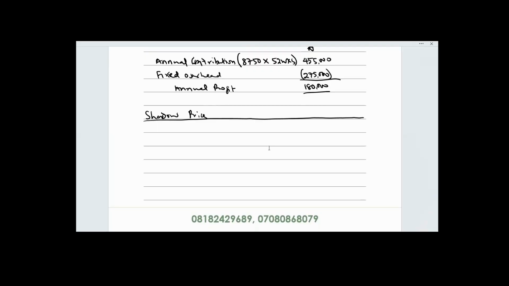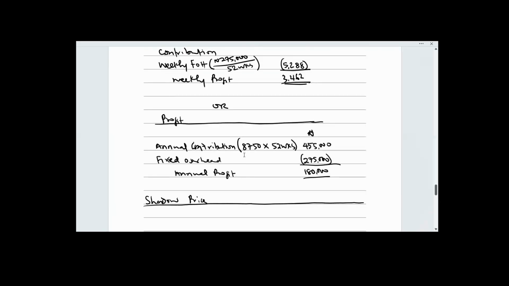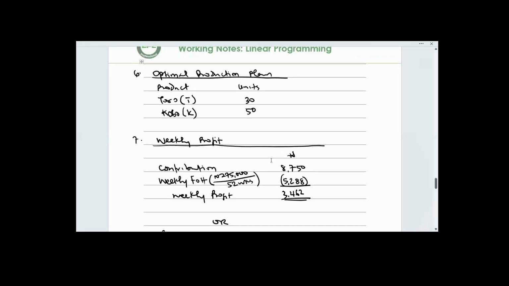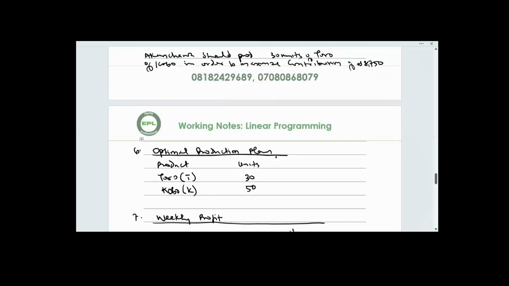So where we have made the decision that the company should produce 30 units of T, then 50 units of K, that is our optimal level of activity. The first step is to identify the equations that intercepted at that point.